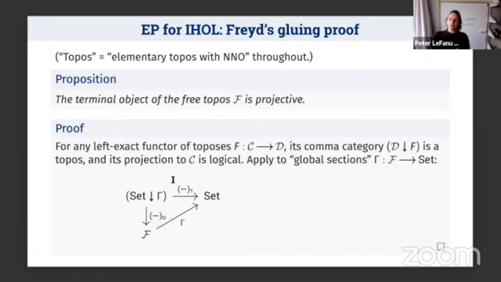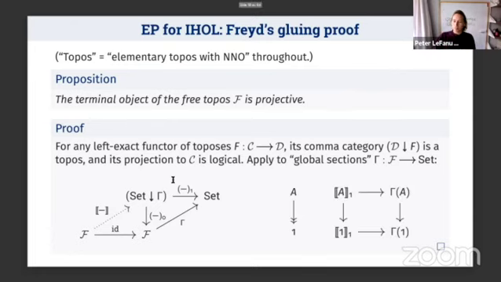And then you do that gluing construction with the global sections functor from the free topos to Set. Now you use the universal property of the free topos to get a section of that comma category, an interpretation map from the free topos into that comma category. What does that concretely look like now?